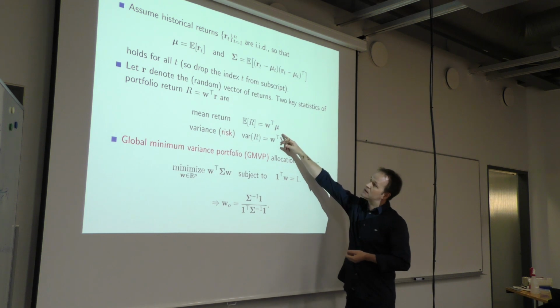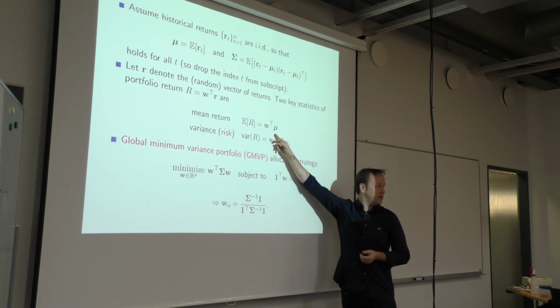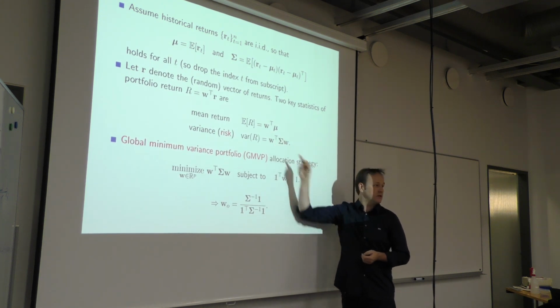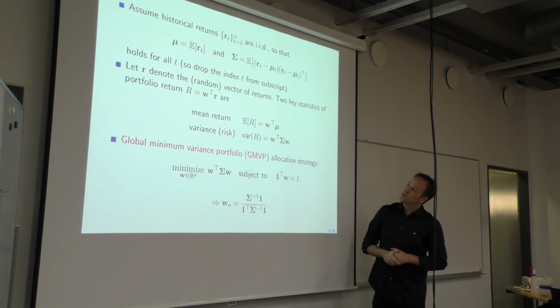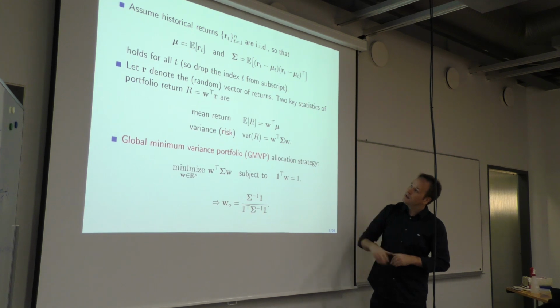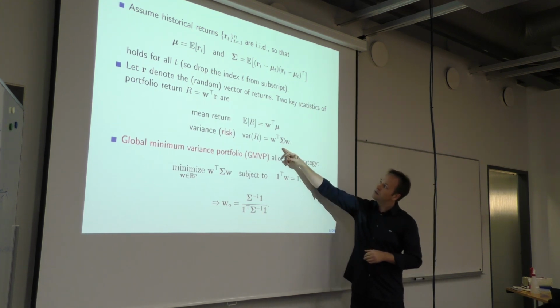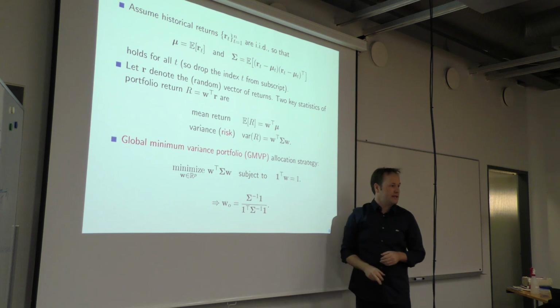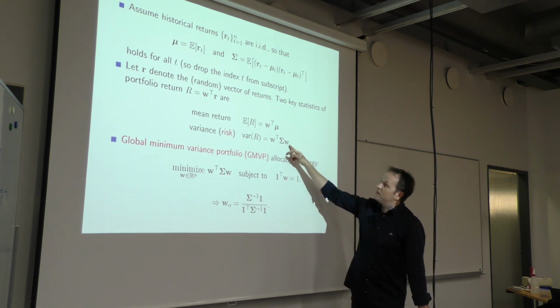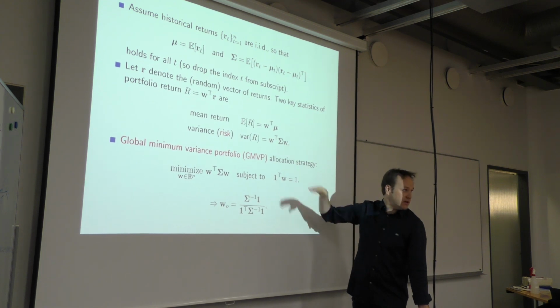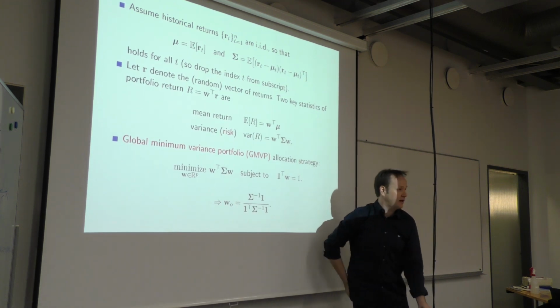Two important statistics that we look at are the mean return of the portfolio and the risk of the portfolio, which is the variance of that portfolio return. And in finance, the standard deviation is called the volatility, and the variance of the return is the risk. Those are the terminology in finance.